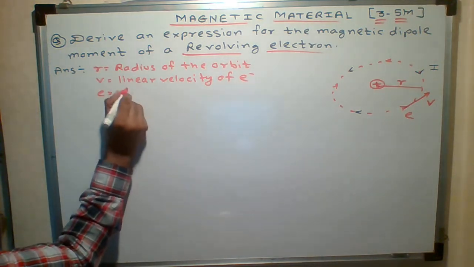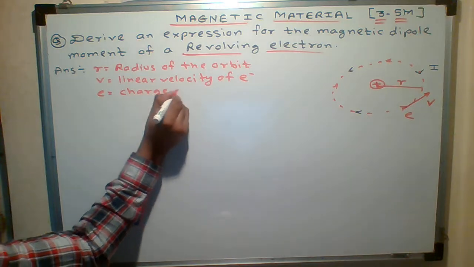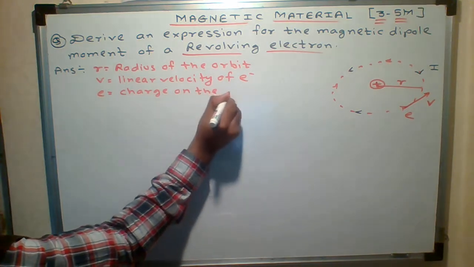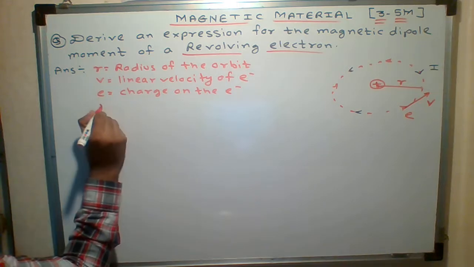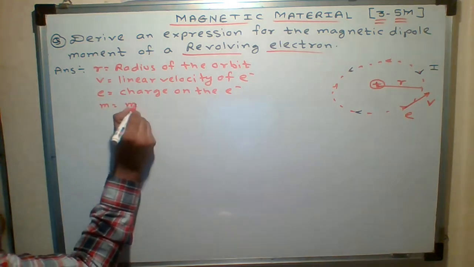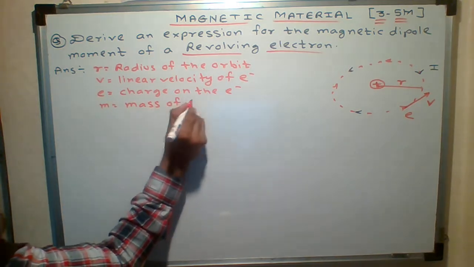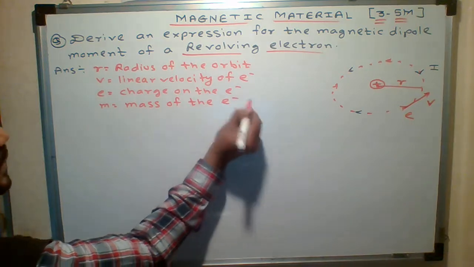E is the charge on the electron. And one more thing, small m is the mass of the electron.